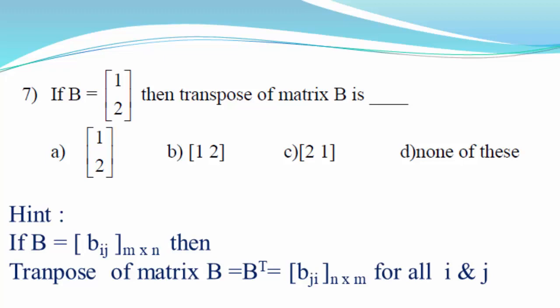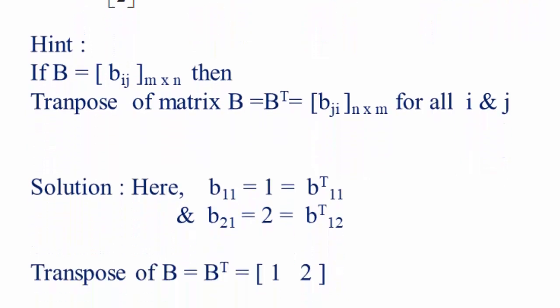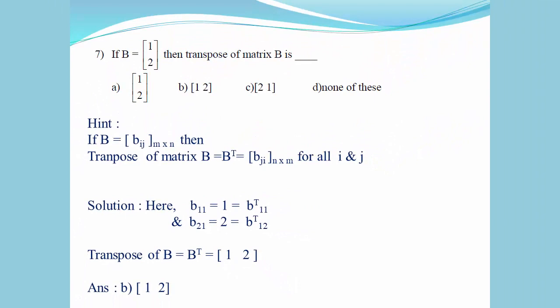Here B11 is equal to 1 and it will be the same as the B11 element of the B transpose matrix. B21 is equal to 2 and it will be the B12 element in the B transpose matrix. Therefore, the transpose of B is B transpose, which is equal to the elements 1, 2 of order 1 by 2. Therefore, the right option is B, which has the answer as the 1, 2 matrix of order 1 by 2.